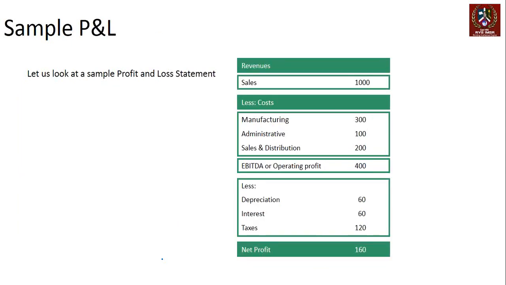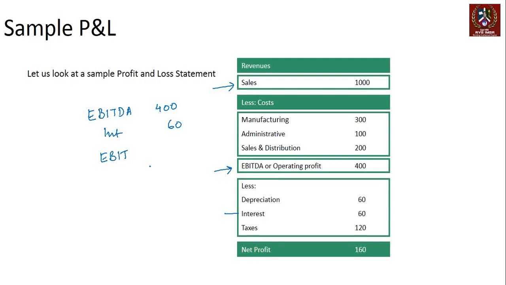The company also has a sample P&L statement which says that the sales of the company in this particular year are 1000. Then there is a manufacturing, admin, and sales and distribution cost, which gives us EBITDA or operating profit at 400. If you want, you can calculate other numbers as well. So we have EBITDA at 400. I can subtract the depreciation from this, which is 60 given here, and get what is called EBIT, right?